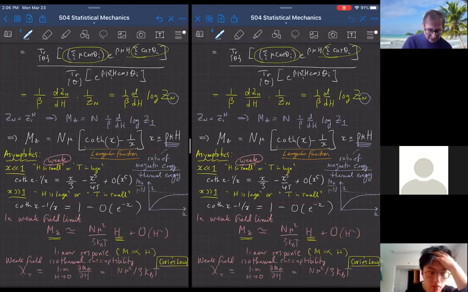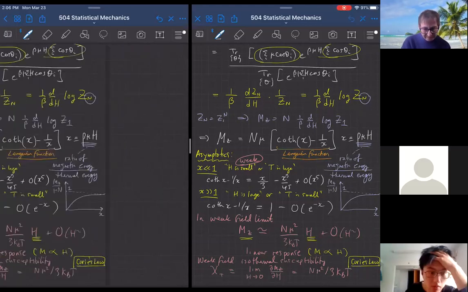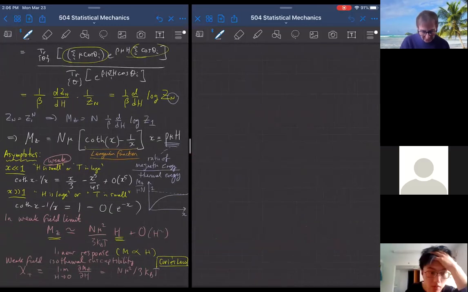We worked out its asymptotics, which gave us Curie's law. That was the end of the classical calculation, and now I want to move on and do the quantum theory.